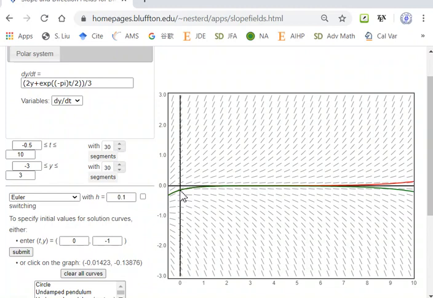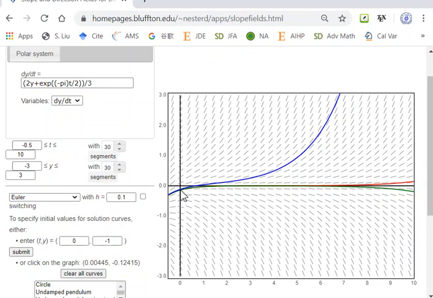You will see that the y coordinate of the intersection of the curve with the vertical axis is minus 0.12415. Of course, this is not very accurate. Maybe minus 0.13.